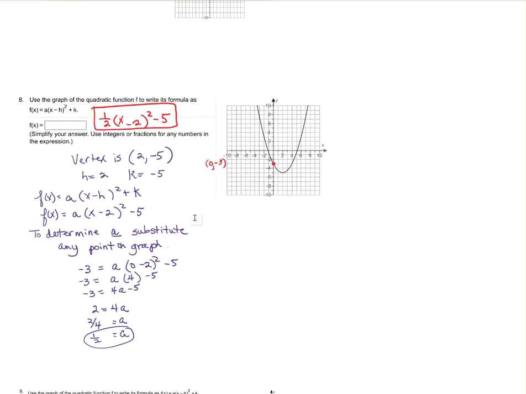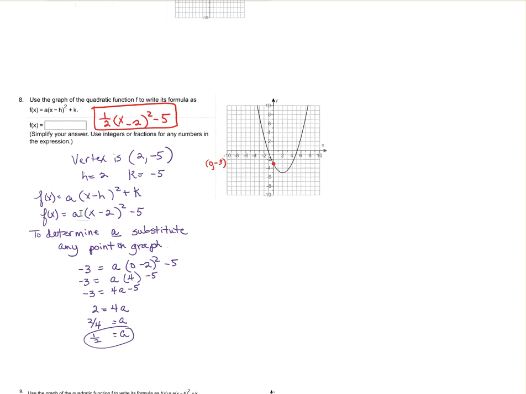Use this graph to write its formula. So we have to do a little bit more work here. The first thing we can notice is that the vertex is at 2, -5. So we'll write that down. That means h is 2, k is -5. And we think about the vertex form here, so we can plug in the things that we know.